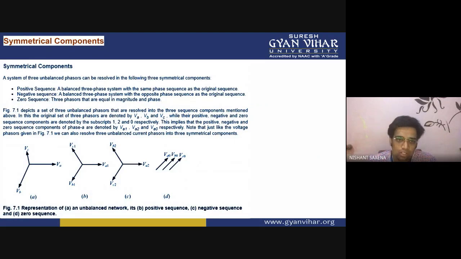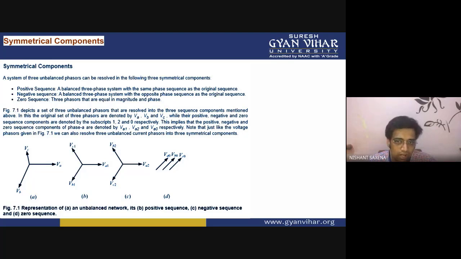So, first of all, what are the symmetrical components? As you can see, unbalanced systems may be transformed into a balanced system, because we can do the analysis very easily and accurately only on a balanced system.